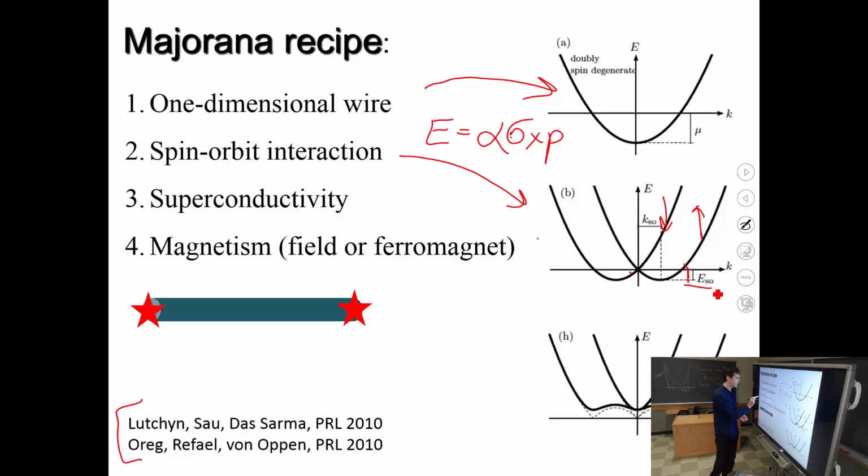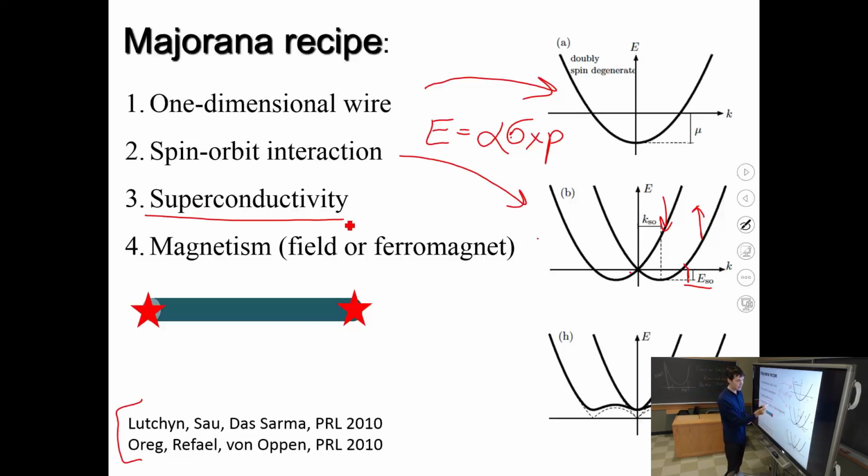Now, superconductivity, I already motivated to you why we need superconductivity. It's to have this particle-hole symmetry, to have this resource to create a level at zero energy where you have equal superpositions of electrons and holes. That's why we need superconductivity.